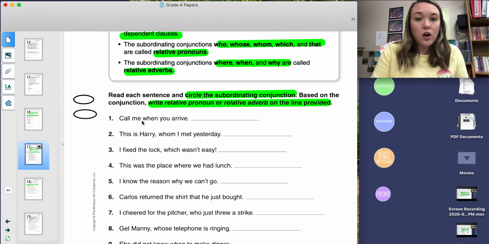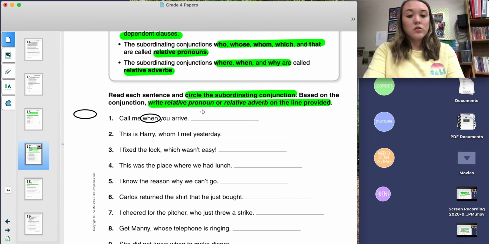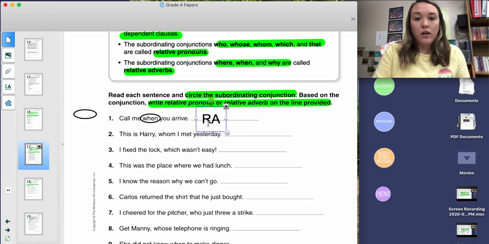Number 1 says, call me when you arrive. I notice the word when is my subordinating conjunction, so I'm going to circle when. And using my box at the top, I notice when is a relative adverb. So I'm going to put RA on the line.